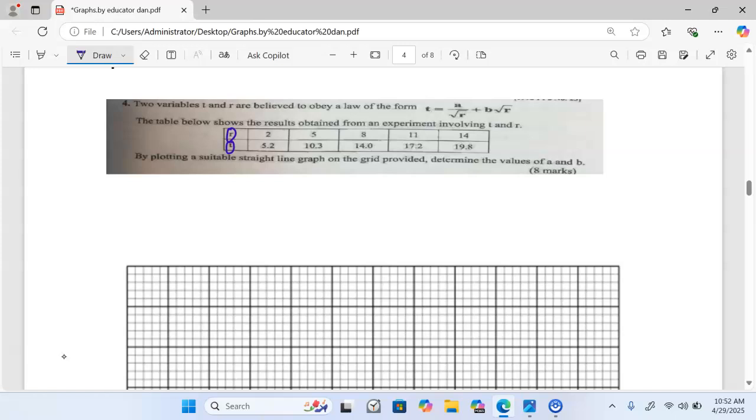The first thing we are going to do is to modify the given equation.